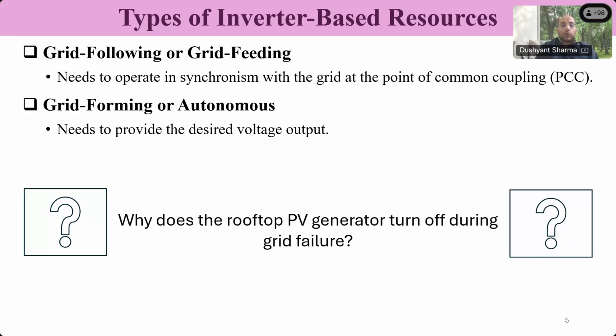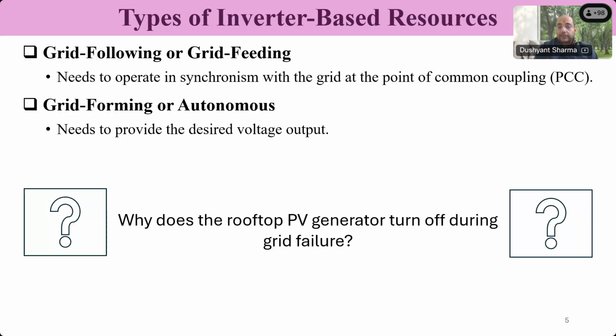It should produce a voltage and it should at least give supply to some of the loads, if not all, in the same building. Imagine we have a rooftop at our home. The grid is out. We would expect the rooftop to generate a voltage to feed our home, but that doesn't happen. As soon as the grid is out, the rooftop PV generator also turns off automatically.